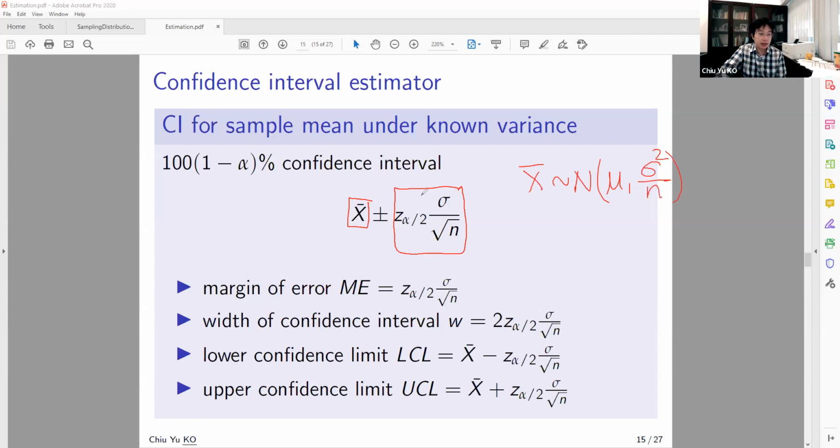Based on this idea, we can say that if we want the probability of x bar minus the ME and x bar plus the ME to be equal to 1 minus alpha, then what is this ME? This ME will be this.